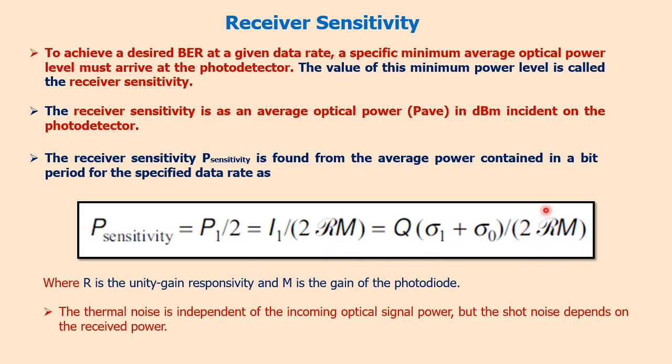R is the unity gain responsivity, equal to 1, and M is the gain of the photodiode. If it is a PIN photodiode, then M is equal to 1. If it is an avalanche photodiode, then there will be a value for the capital M.